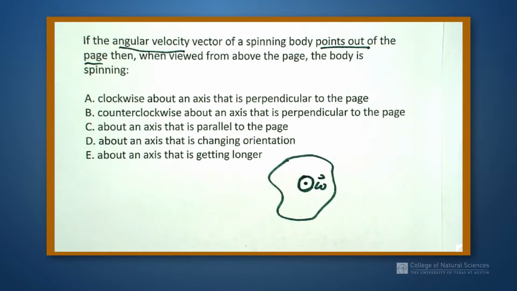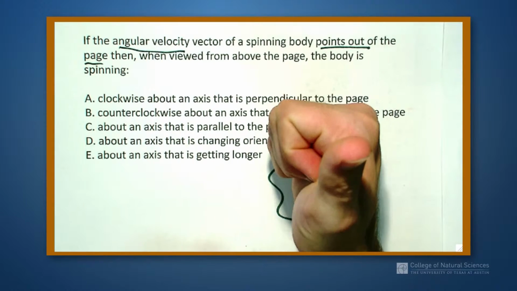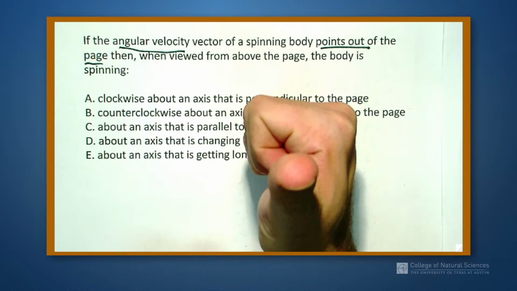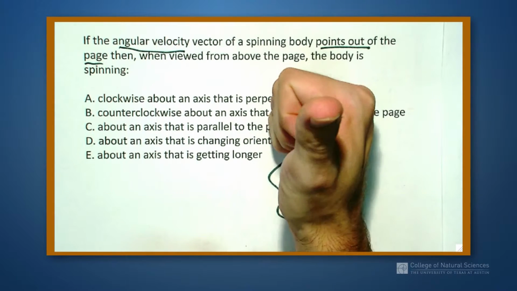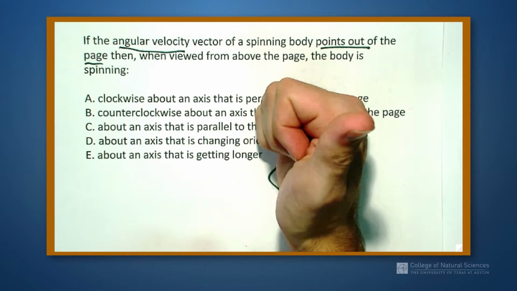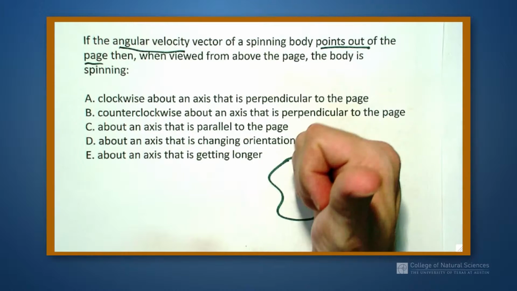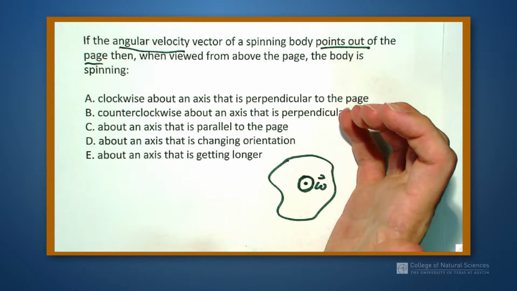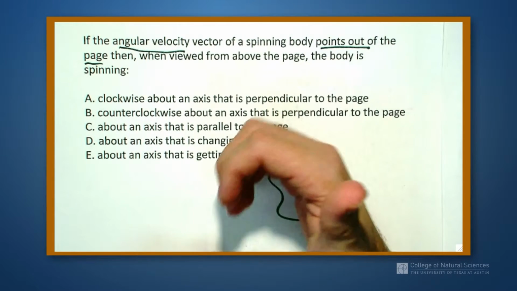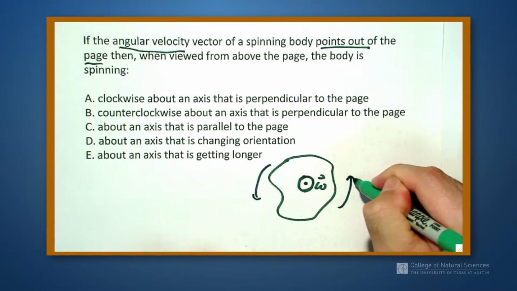And we want to know, when we look at it from above, like we see it on this screen, which way it points. So I take my right hand, and I know my angular velocity vector points directly at us. So maybe a little bit of a weird view to see this, that my thumb is pointing directly at you. But what I do is my thumb points out of the page, it matches this vector, which tells me that my fingers show me which way this object is going to rotate.